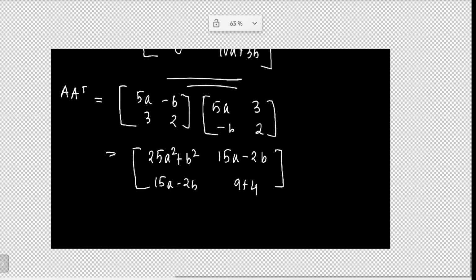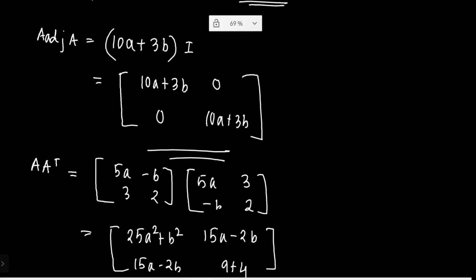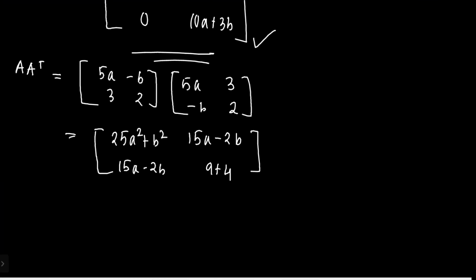Now here A adjoint A, we have found this one, and A into A transpose is this one.